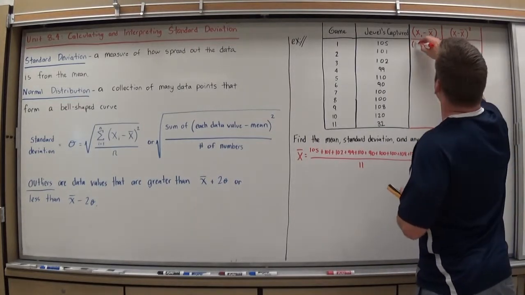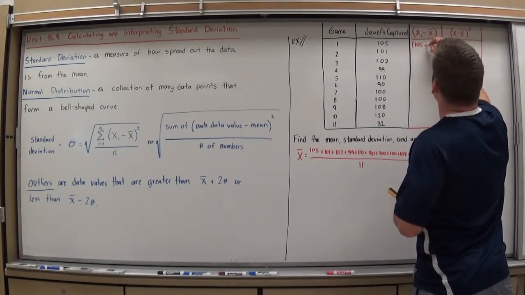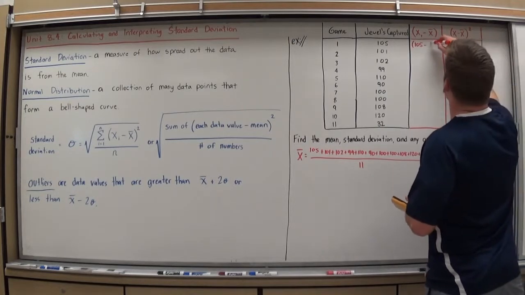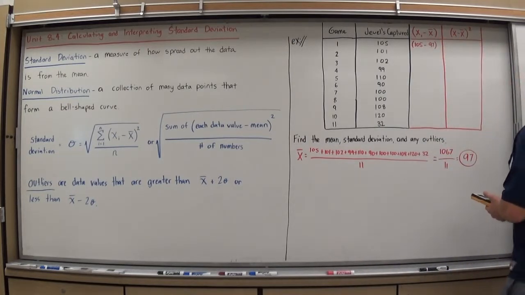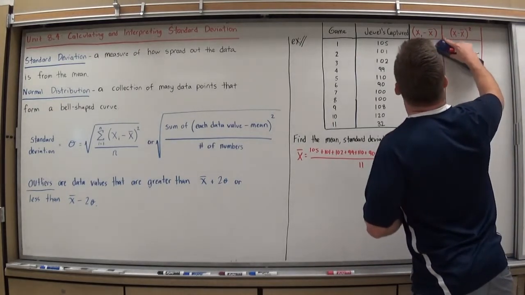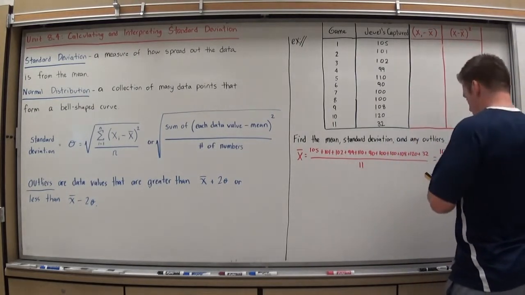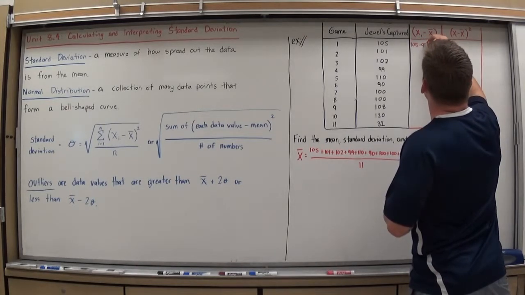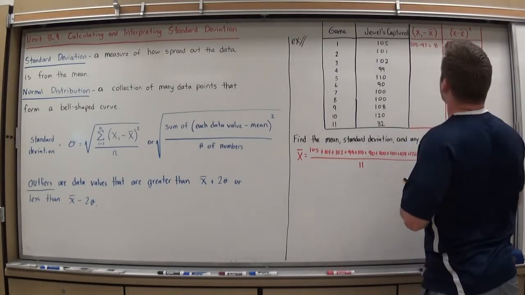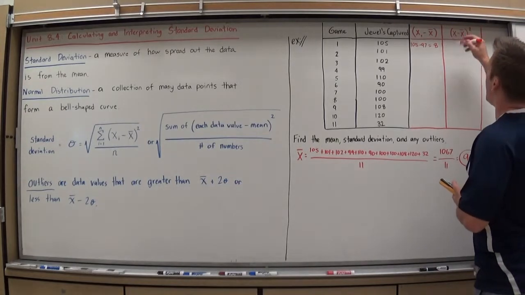Our first value was 105, and I'm going to subtract from it our mean of 97. So 105 minus 97 equals 8. Then I'm going to have to square that.